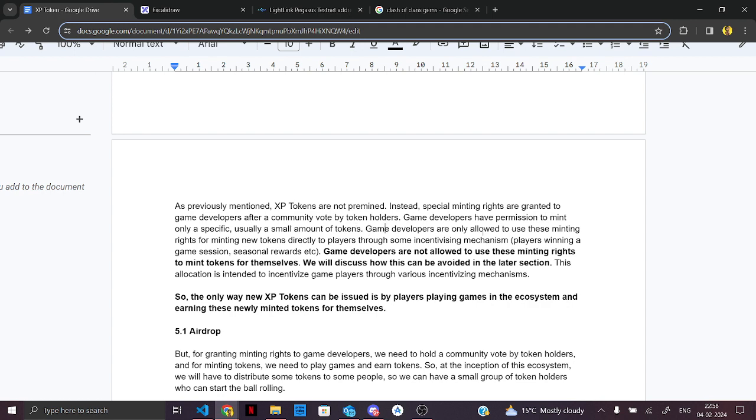Game developers are only allowed to use these minting rights for minting new tokens directly to players through some incentivizing mechanism, let's say a player winning a game session or seasonal awards. They have to incorporate these minting rights in their game, and can only use them to mint tokens directly to the player using such a mechanism.